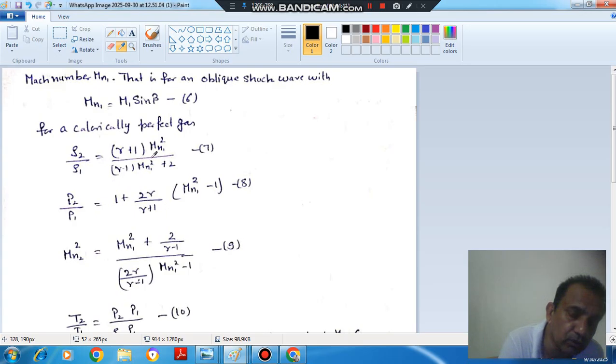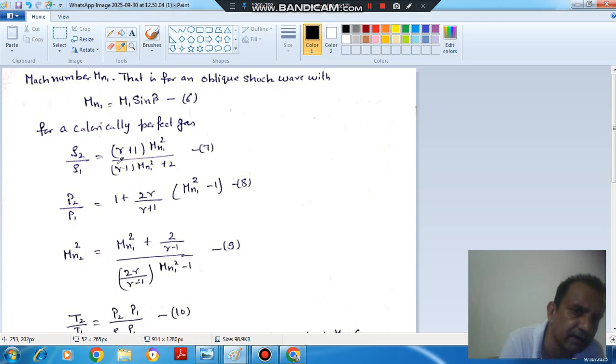In normal shock relation M1 was there, M1 square divided by M1 square plus 2. But here in case of oblique shock Mn1 has to be there, the normal component. Similarly the pressure ratio will be in terms of Mn1, and Mn2 will also be in terms of Mn1. The relationships are the same. In normal shock there was M2 and M1, but now we take Mn2 and Mn1.